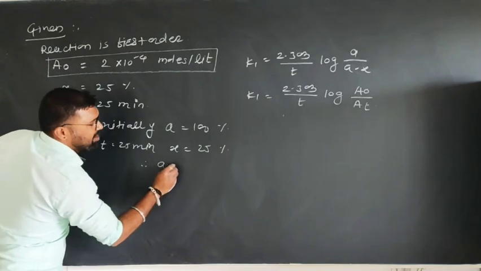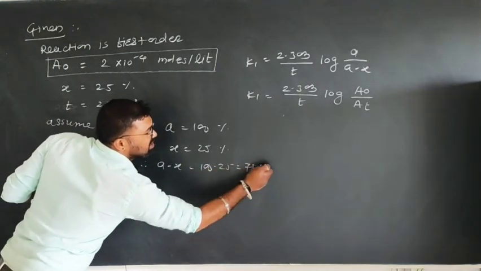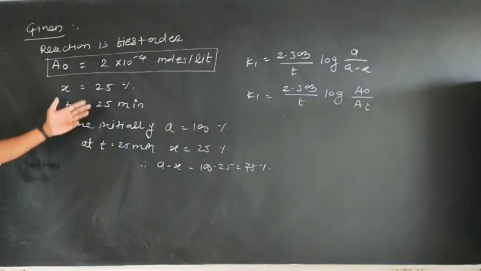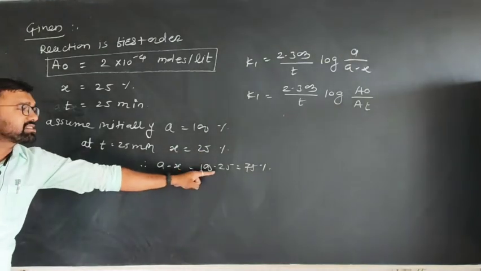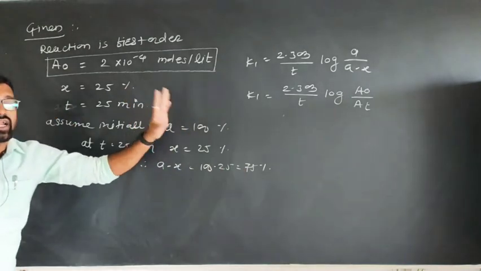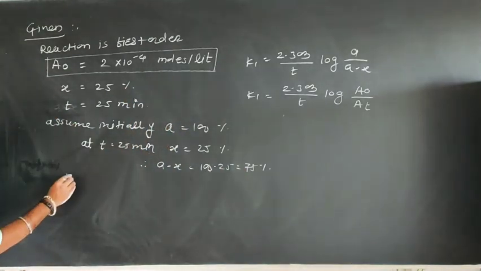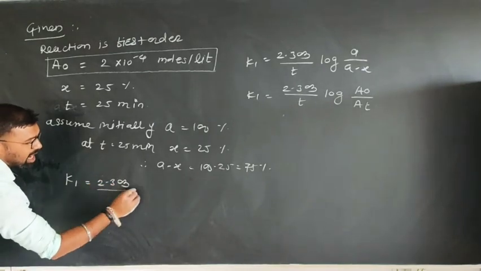That means A minus x is equal to 100 minus 25, which is 75%. All things are there: t is 25 minutes, x is 25%, A minus x is 75%, A is equal to 100%. Now find the rate constant K1. K1 is equal to 2.303 upon t.